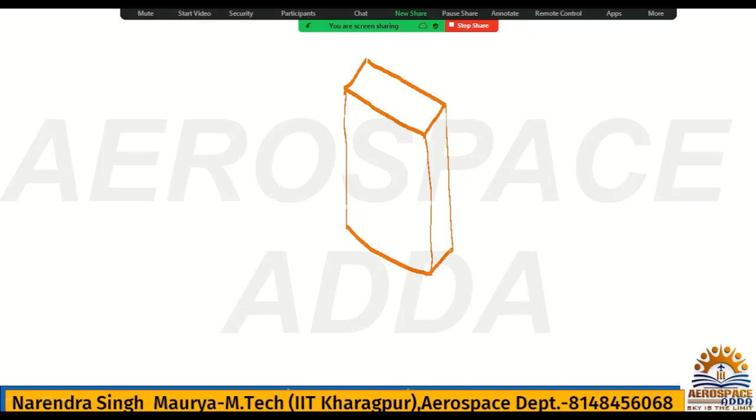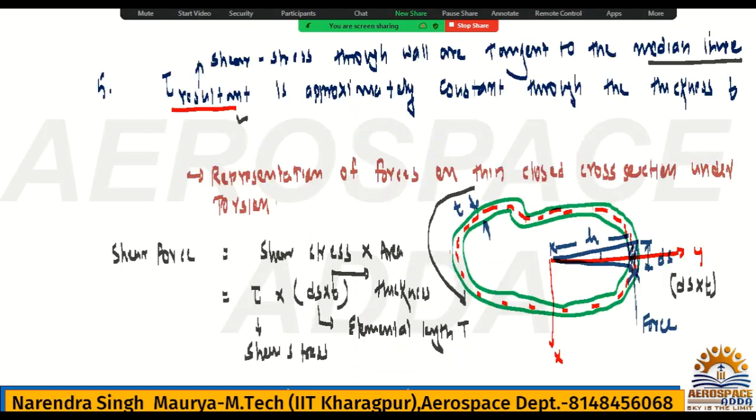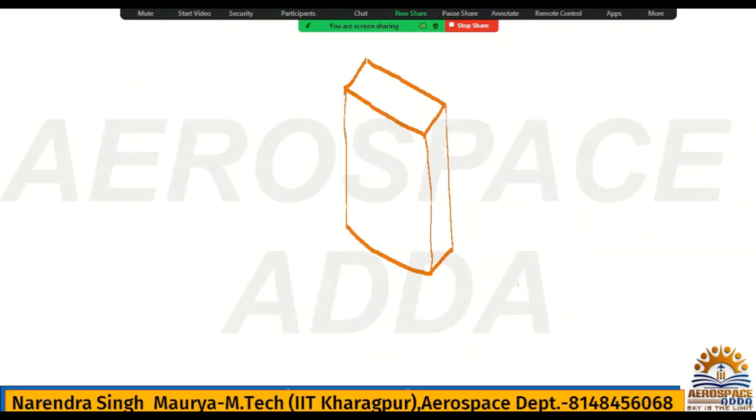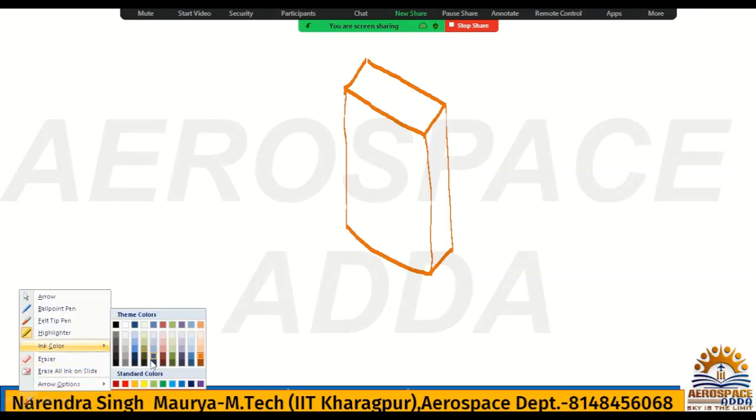Now if you check, this is the infinitesimal piece of wall. Whatever wall you have here, any section you can cut, you will get it like this. Now if you check the shear flow analysis, this section, this point is somewhere here you can take.